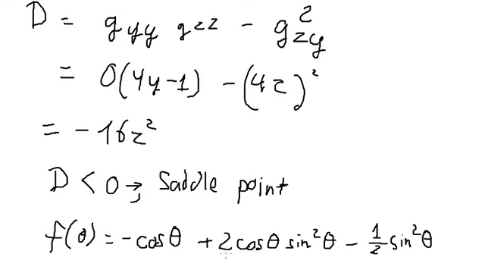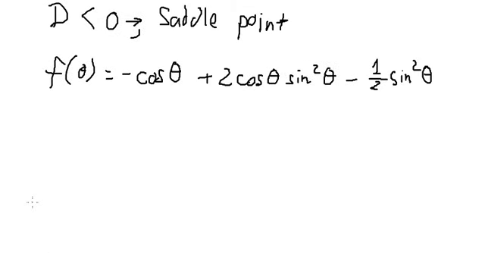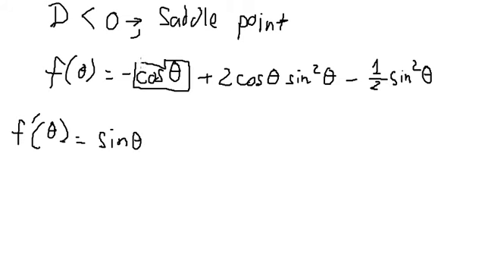And now we have this one. Now we need to take the first derivative of this equation. First, the derivative of cosine theta, we have negative sine theta. That's why negative and negative, we have positive.